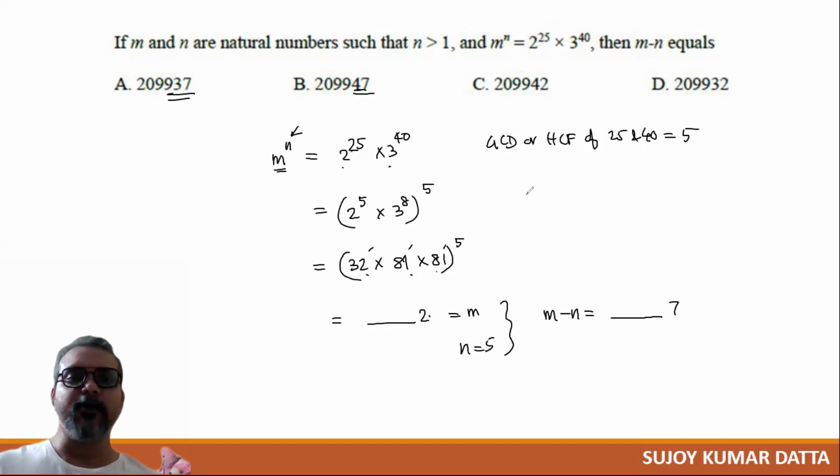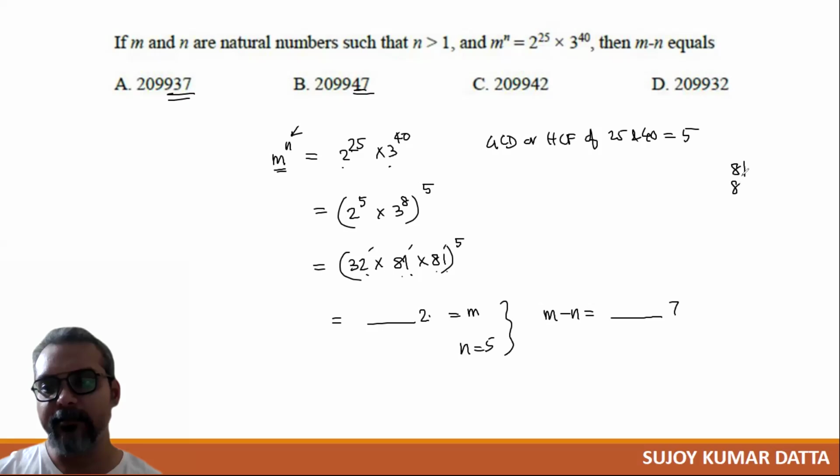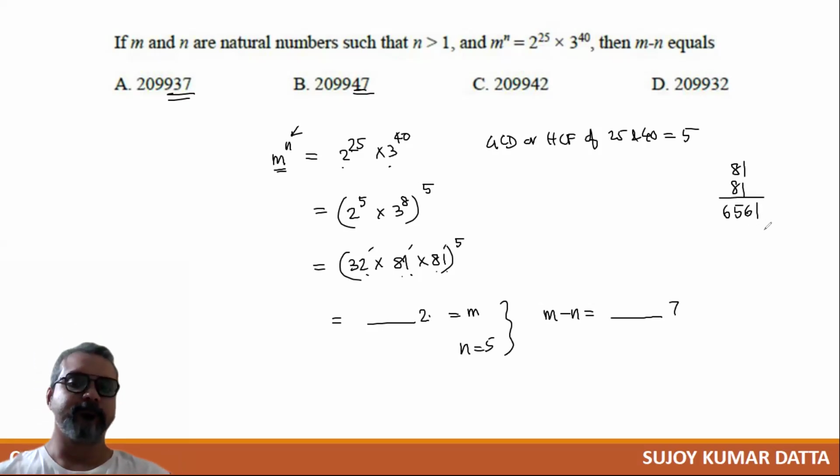So unfortunately, we could not do it this way. So we'll need to calculate, okay? So 81 times 81. If you know the square of 81, it's 6561. And then we multiply 32 with that.